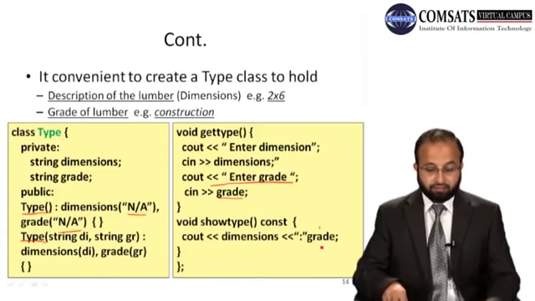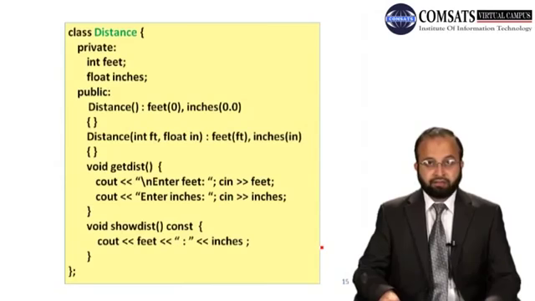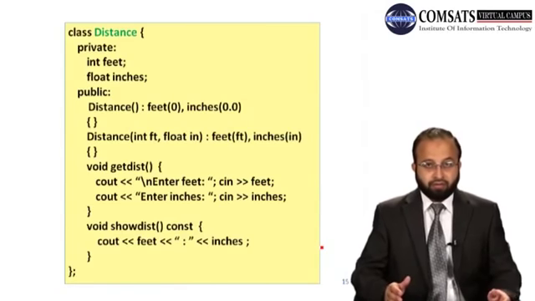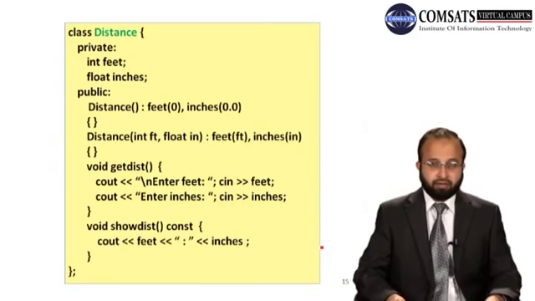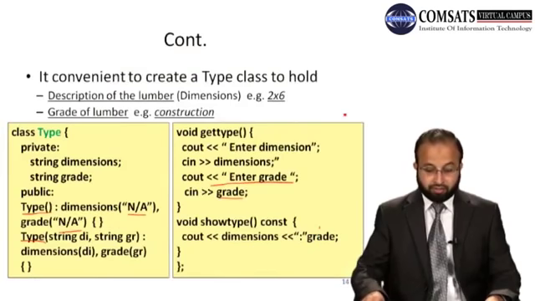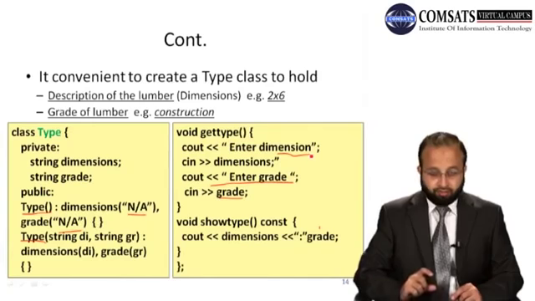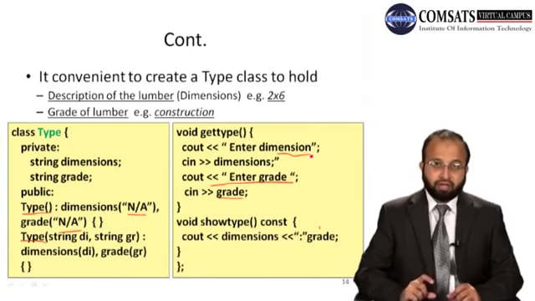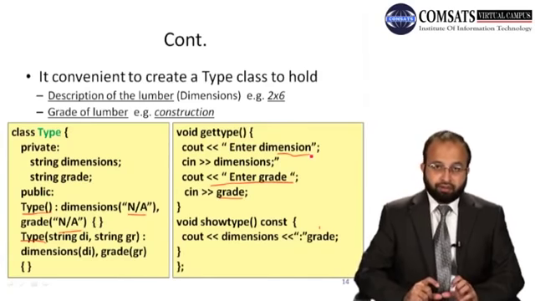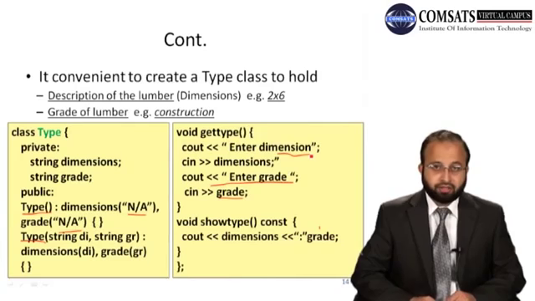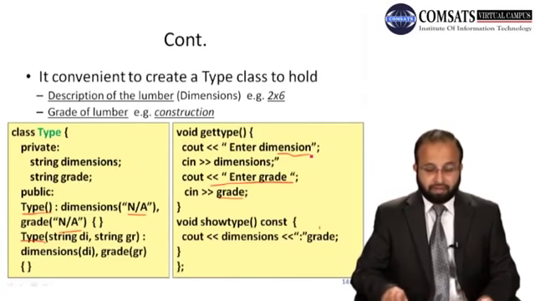And then the next class we have is a distance class. And distance जो है वो उसकी length measure करने के लिए है, इतने feet and इतने inches का lumber है, right? And this dimension is basically the dimension of the cross section of the lumber, right? 2 inches by 6 inches है, 2 inch thickness है उसकी, मोटाई है, 6 inch उसकी width है, and then 8 feet and 6 inches is maybe the length of that lumber.